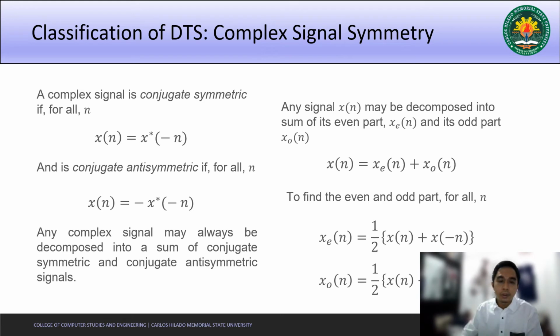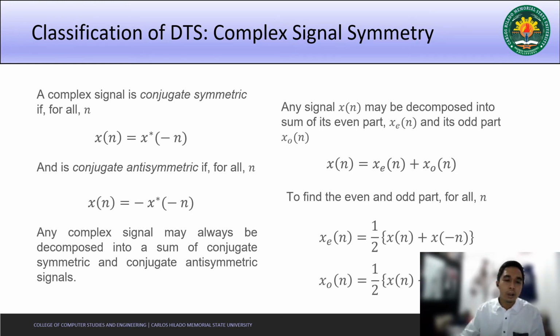Also, we have a complex signal that is conjugate symmetric for all n. This is the equation. We also have the conjugate antisymmetric for all n, applying the same concept as the first one in even and odd.